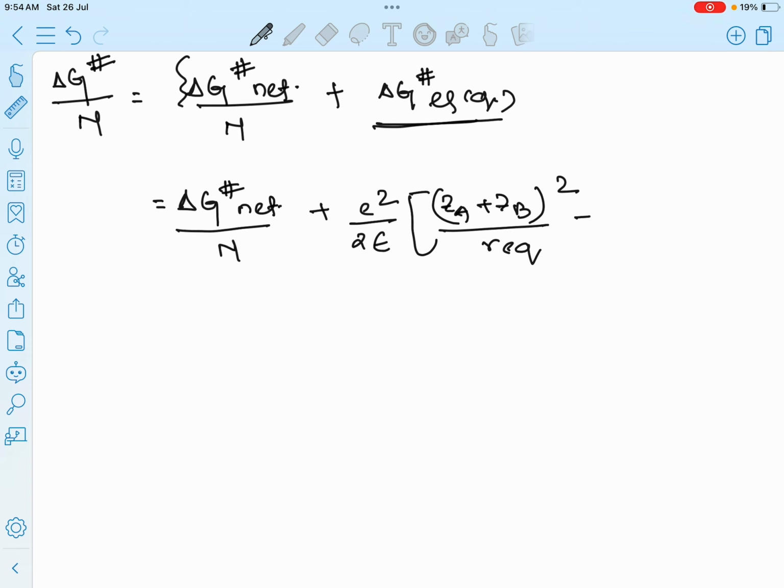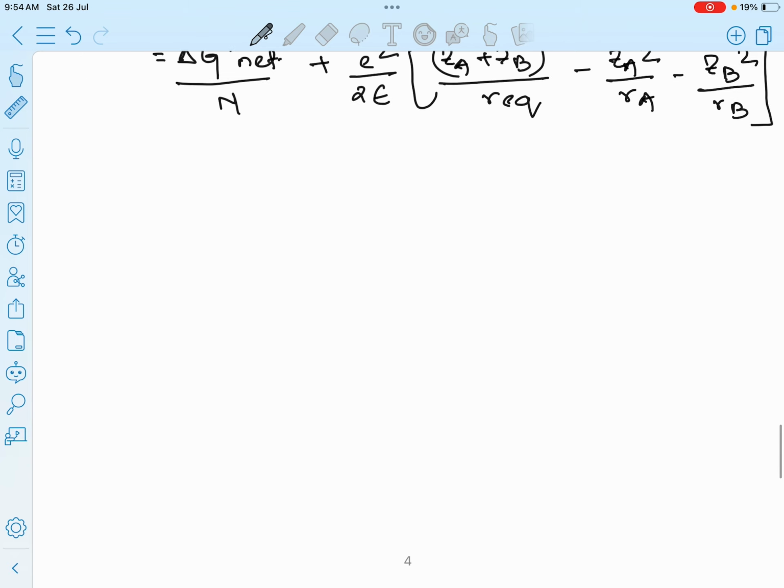First term is due to the free energy of the activated complex. Next it is due to the free energy of the A ion. Next this is due to the free energy of the B ion.